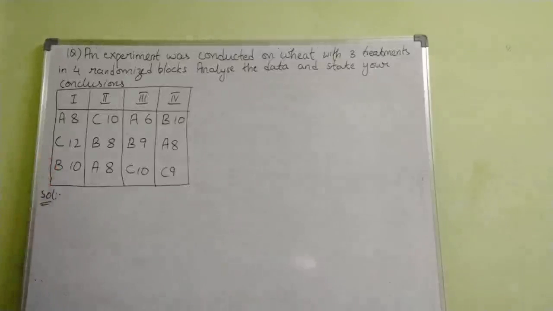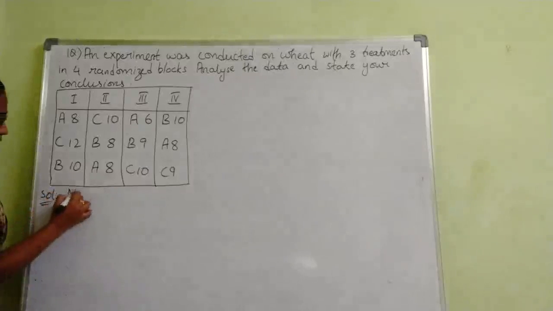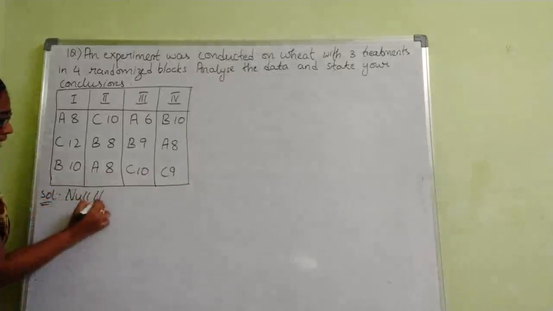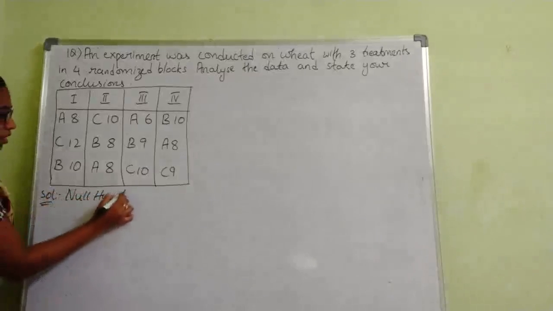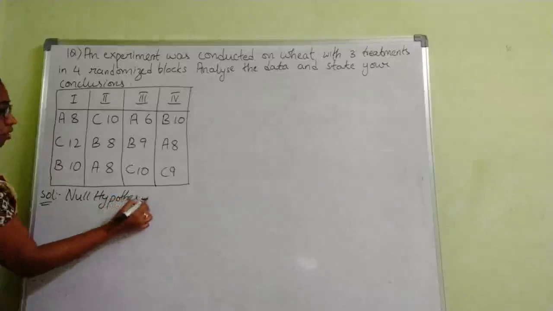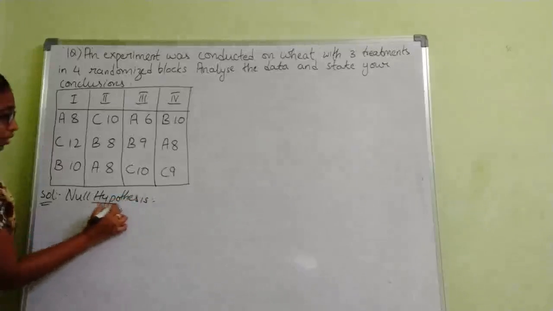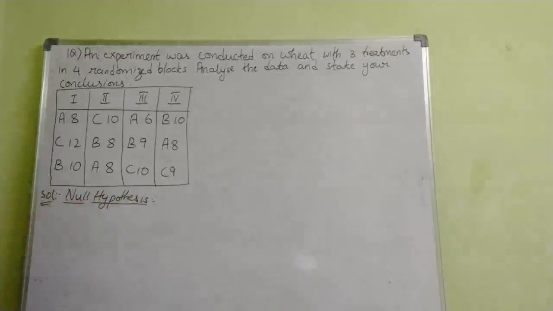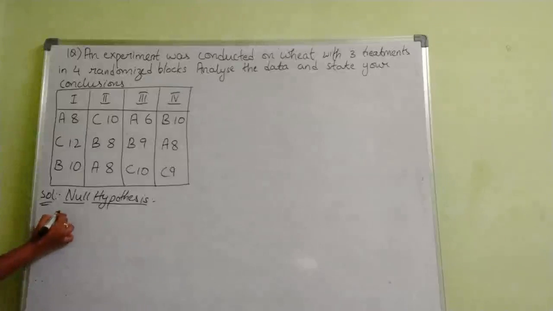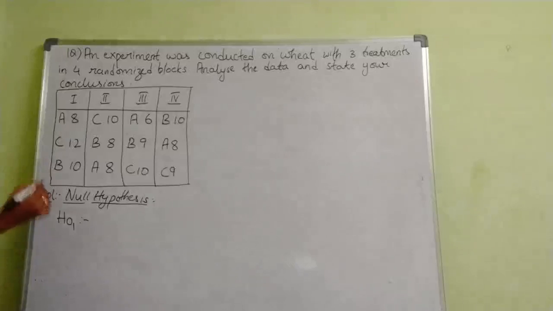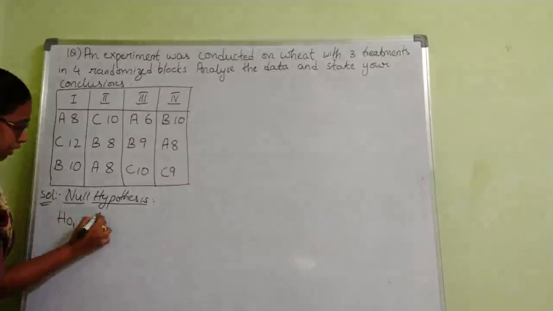So the first step in any test of significance is to formulate our null hypothesis and alternative hypothesis. Since it is a two-way classification, we are going to write 2 null hypotheses. The first one is H01. Under H01, the null hypothesis is: the treatments are homogeneous.